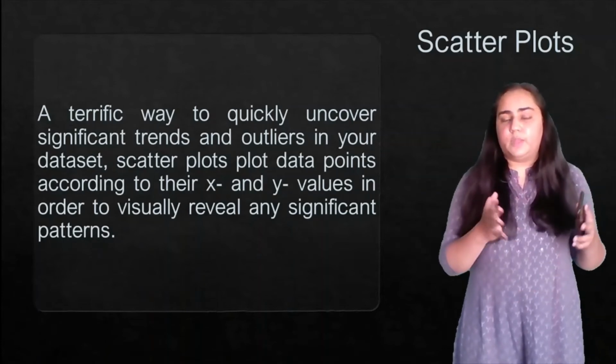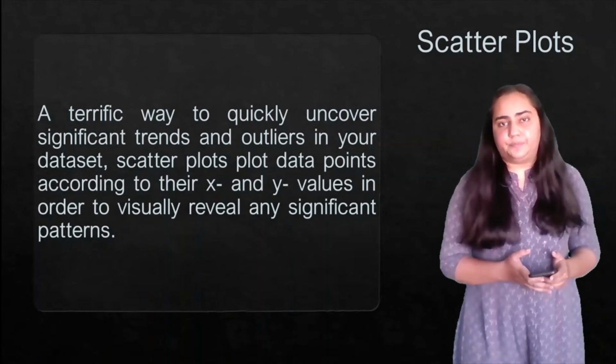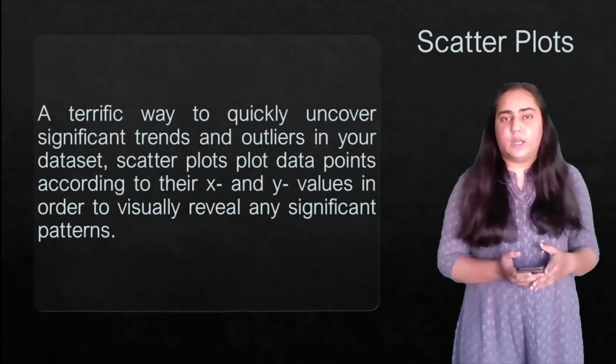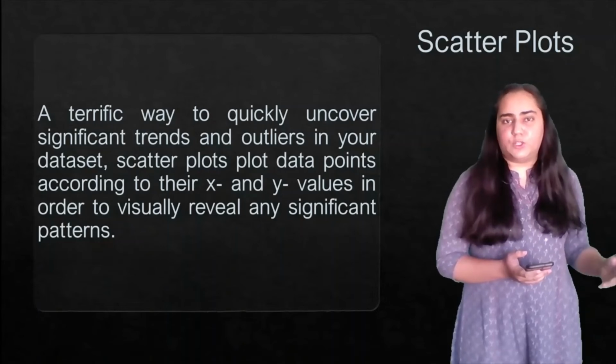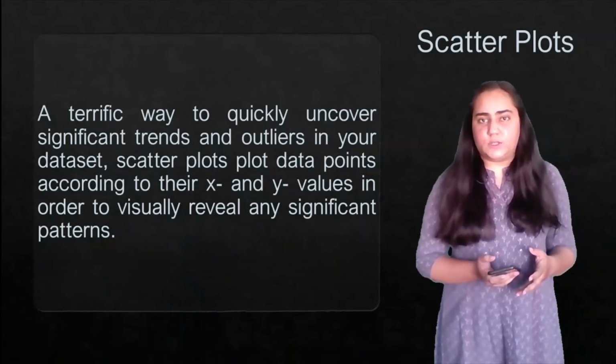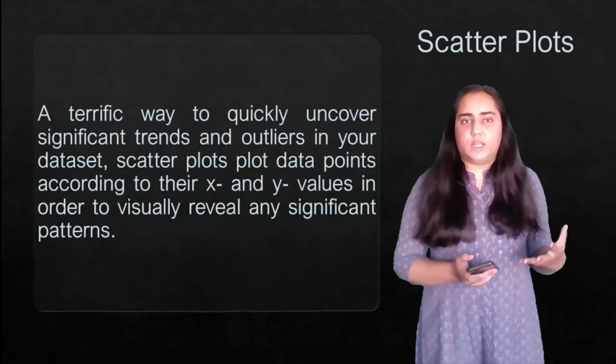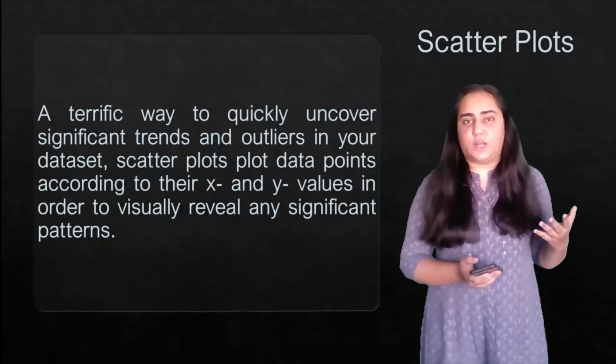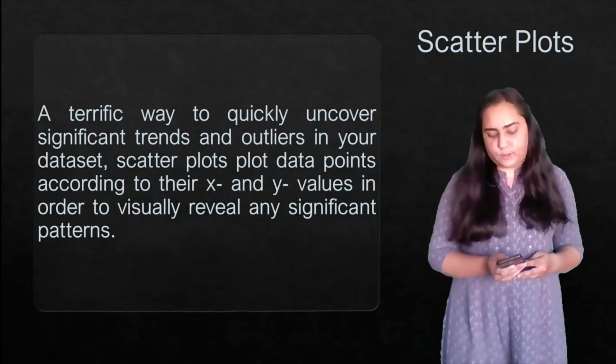We saw a bunch of scatter plots there. So it's simply plotting your X and Y positions, and it may not mean much to a non-analytical audience, but to an analytical audience, it would mean a lot because they would be able to find out trends. They would be able to identify outliers using these plots.